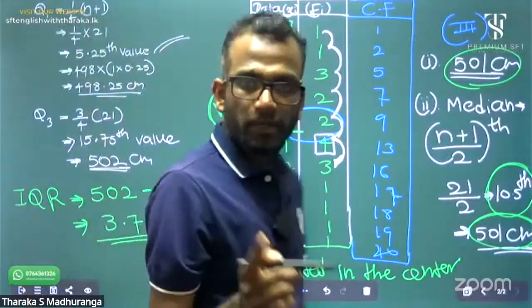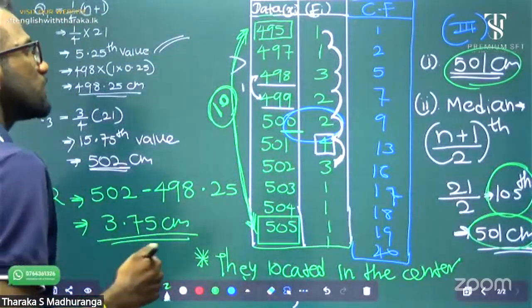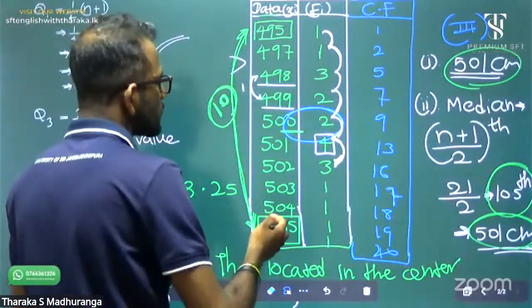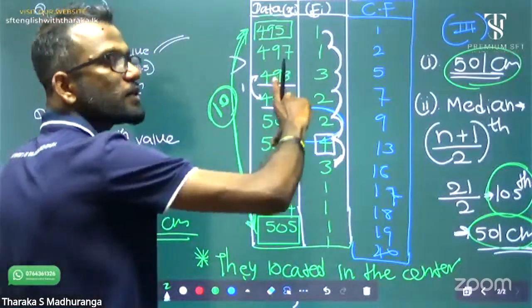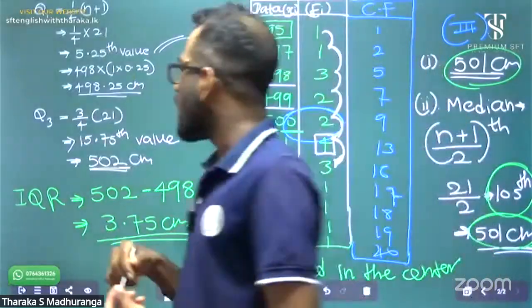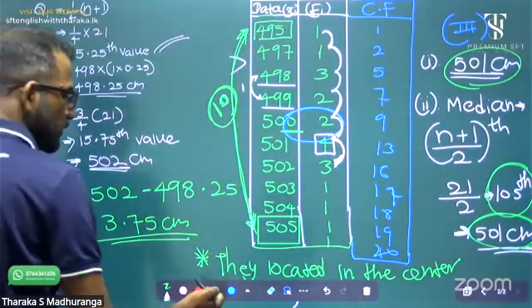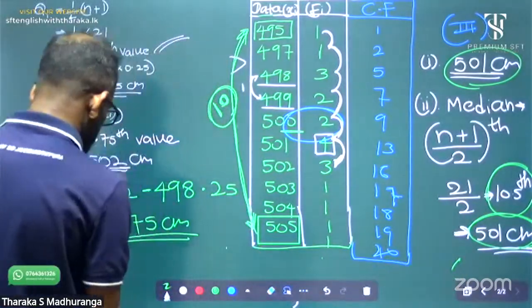Do you remember, in the first day of statistics, I explained the interquartile range as the middle 50% range, the gap between the middle 50% of the distribution. Now you can explain the interquartile range of this distribution.